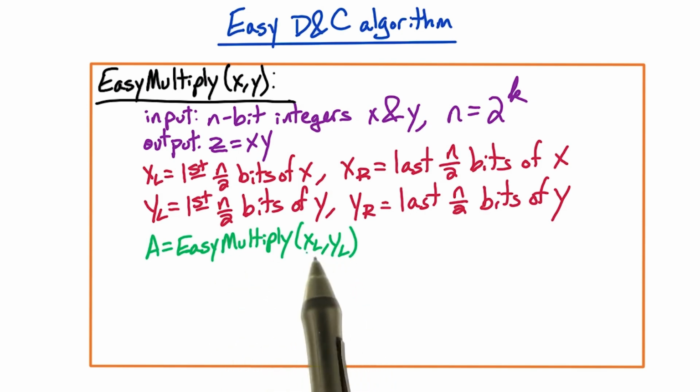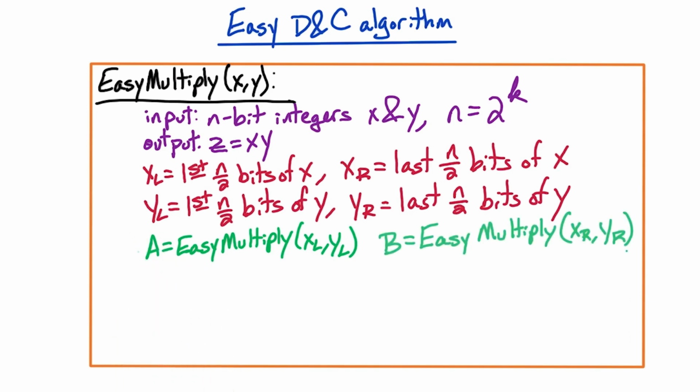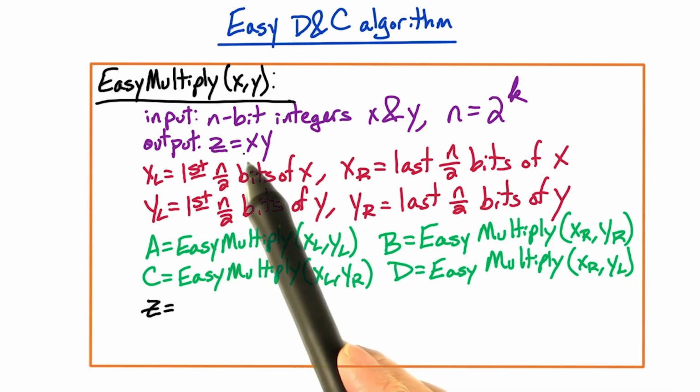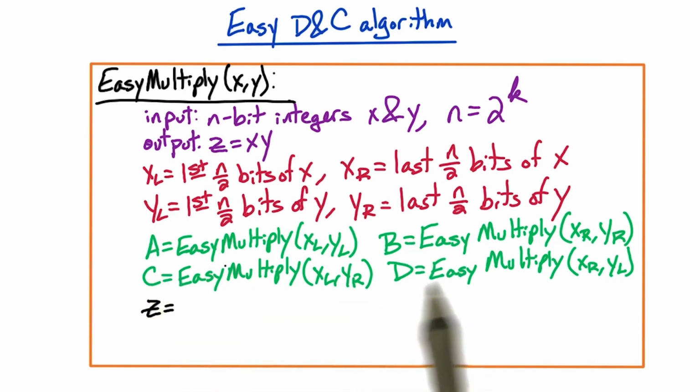We're going to recursively compute their product, and we're going to store that answer in capital A. The second one we're going to use is xr times yr, and we're going to store that answer in capital B. The last two recursive subproblems that we're going to do are xl times yr, store that in C, xr times yl, store that in D. Now we can get the product x times y using these four quantities A, B, C, and D.